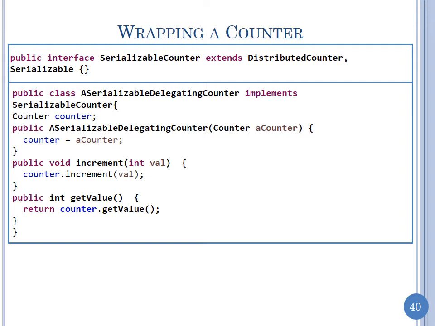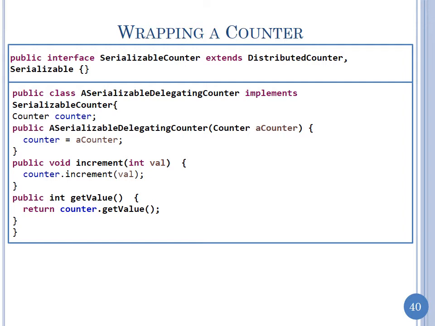So I'm trying to create a serializable delegating counter, which is going to delegate its work to another object. That object is of type counter. So it's got the increment and get value methods. It doesn't do anything with these methods. It just forwards these methods to the object that was passed to it in the constructor. That's why the word delegation here.